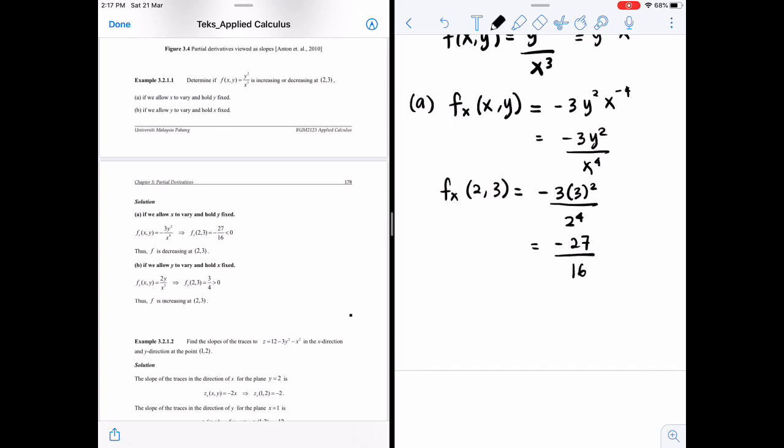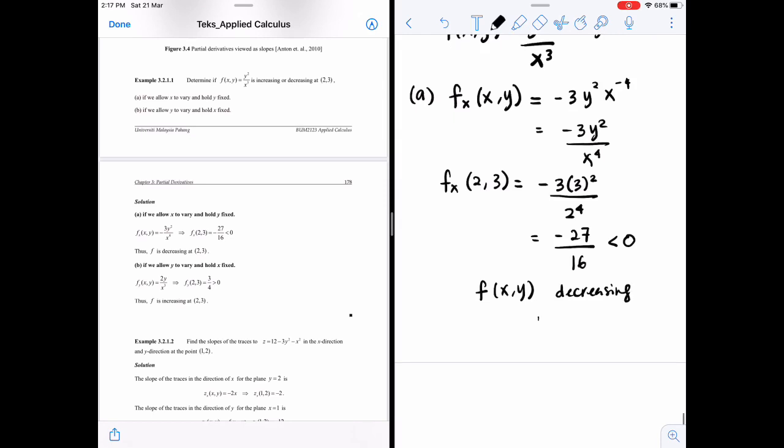Because the gradient of the tangent line is negative, meaning less than 0, our function f(x, y) is decreasing at point (2, 3).